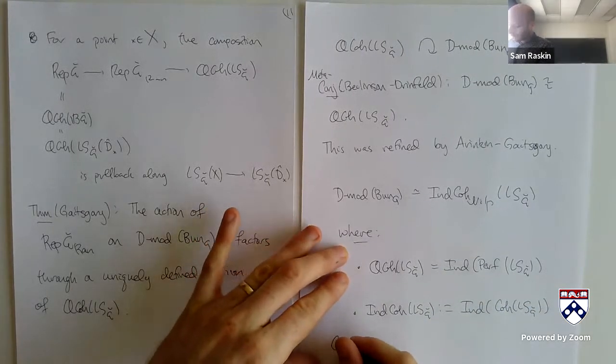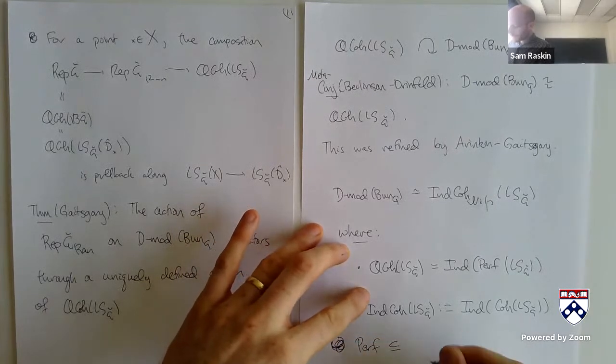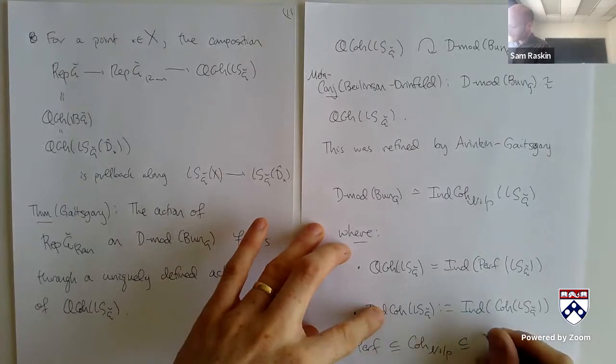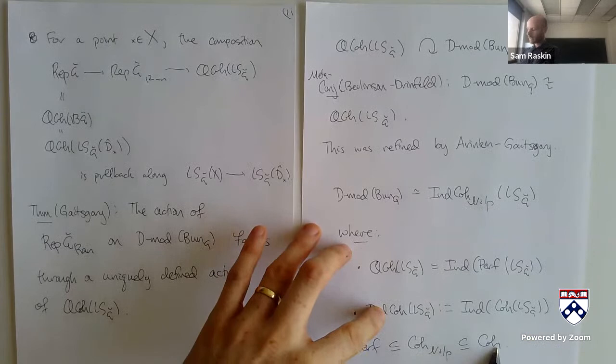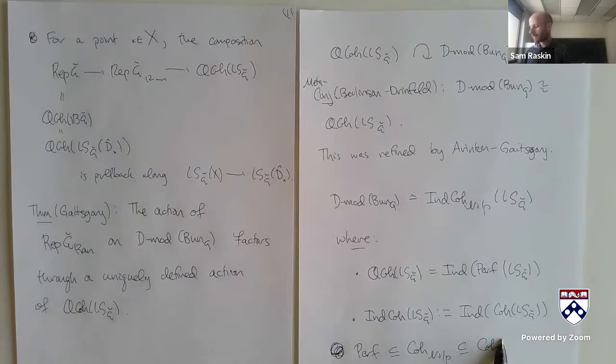And this IndCoh nilp, well, maybe I should say it this way. This IndCoh nilp is of this same nature, but there's some kind of series of embeddings. These are certain coherent complexes, just meaning bounded complexes, all of their cohomologies are locally finitely generated modules over rings. Perfect complexes satisfy that property.